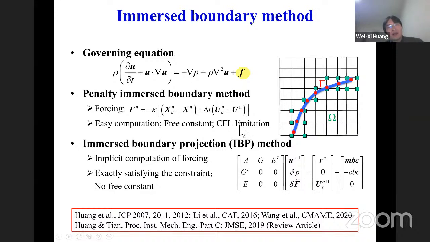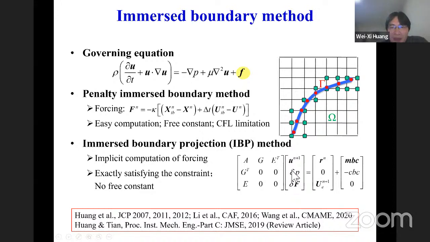So recently we have some further development, which is called the projection method. The basic idea is to consider the momentum forcing in a similar way to the pressure, so both of them are considered as Lagrange multipliers. One is to enforce the divergence-free condition, and the momentum forcing is used to enforce the no-slip condition.